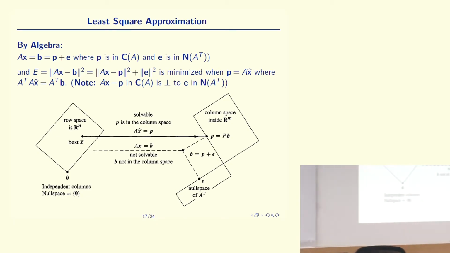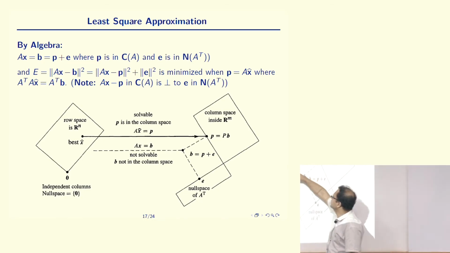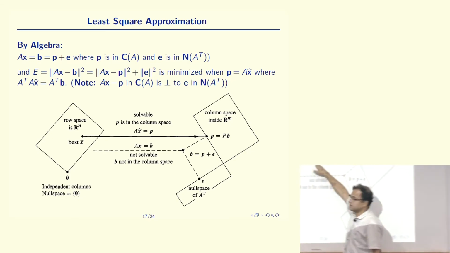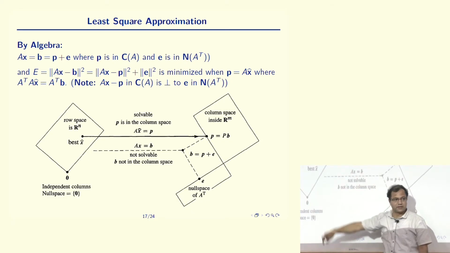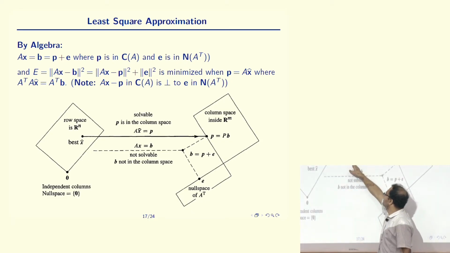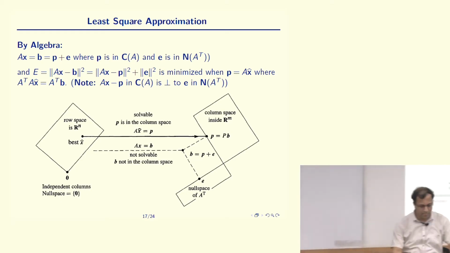So here we are projecting B. Corresponding to this, we will have the solution x cap. Now we solve this equation, so this P will be giving you the projection, right? So we have the projection here and the corresponding error here. Error we ignore, right?